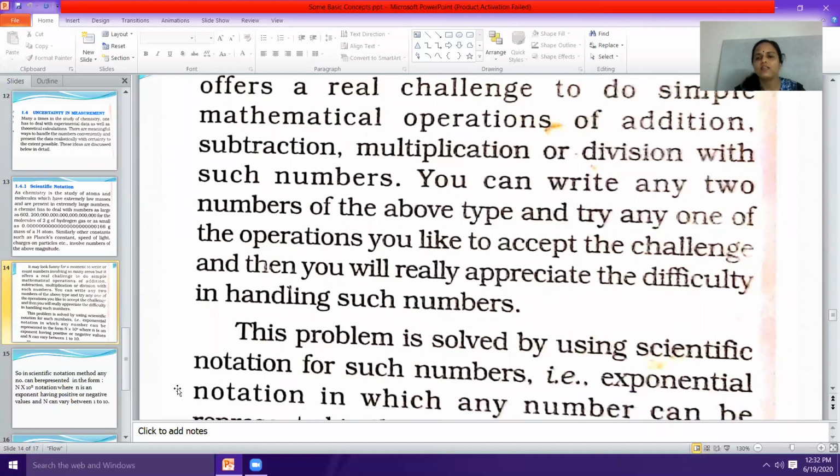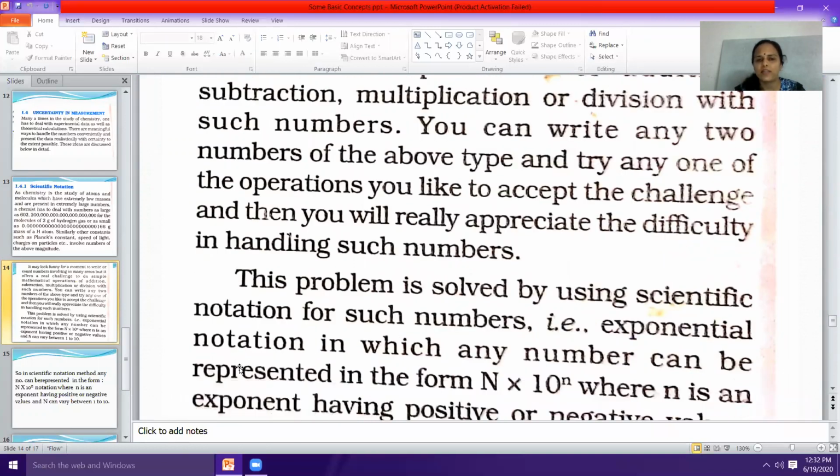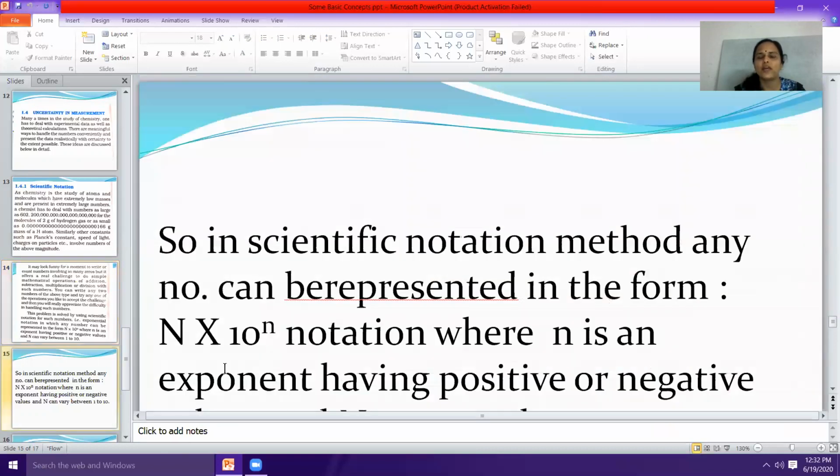Scientific notation is exponential notation, in which any number is represented in the form N into 10 raised to n.